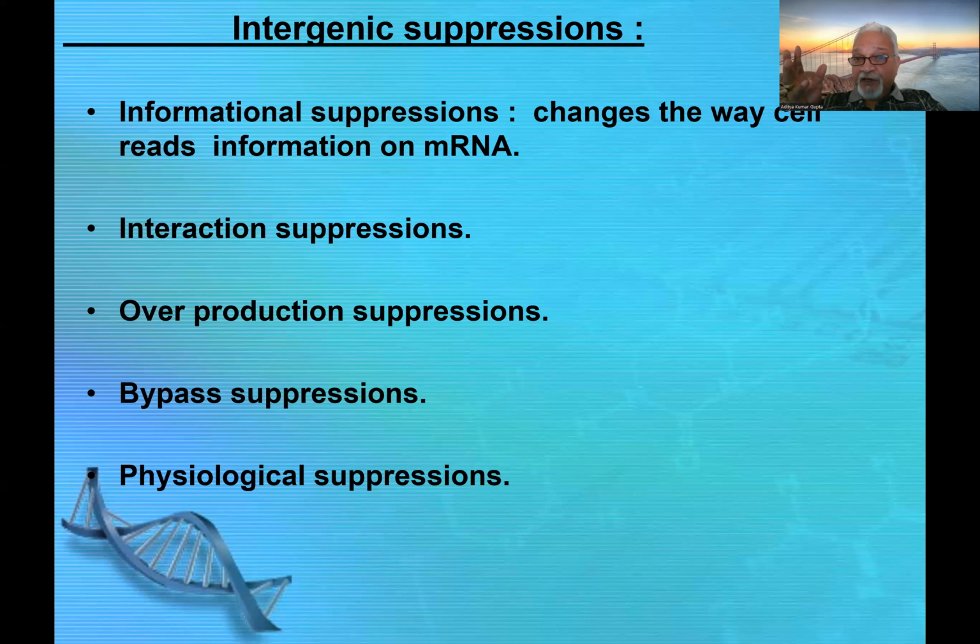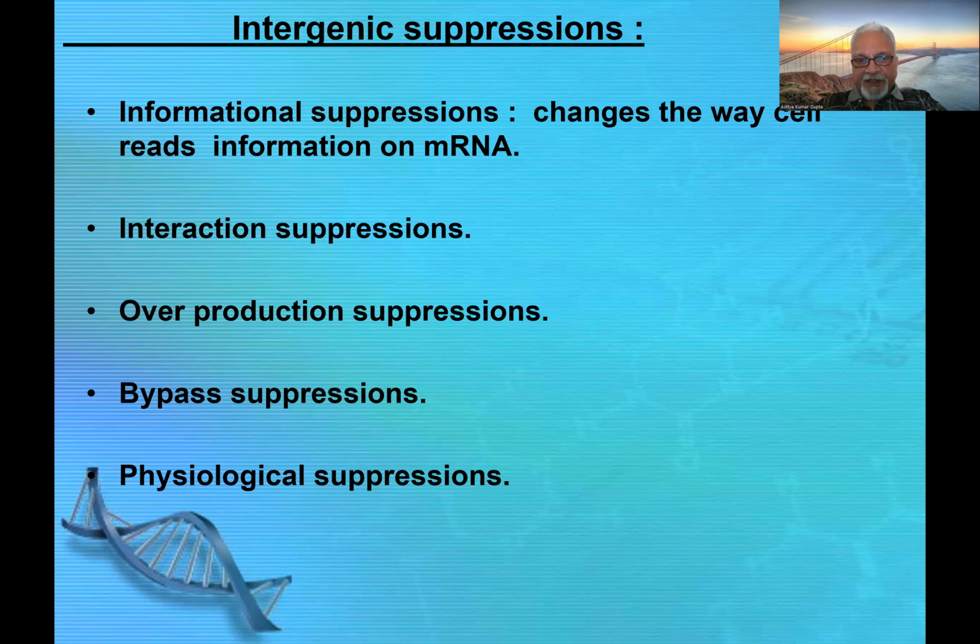What kind of informations? It changes the way the cell reads the information on mRNA. That is one way of suppressing the original mutation by a second mutation in a different gene. Keep this in mind. I'll come back to this in a while. Now, interaction suppression, overproduction suppression, bypass suppression, and physiological suppression are very simple interactions because of a second mutation in a second gene.